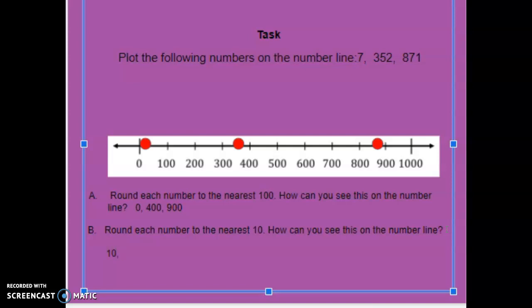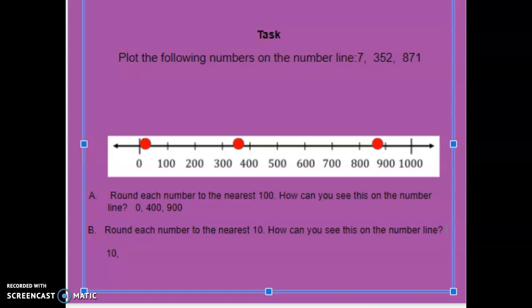What about 352? So we know that 352 is between 300 and 400 if we're looking at the hundreds place value, but what two tens is it between? So there it changes those numbers up just a tad.